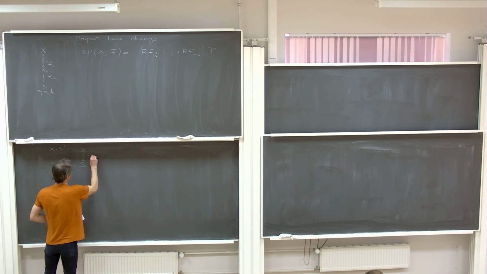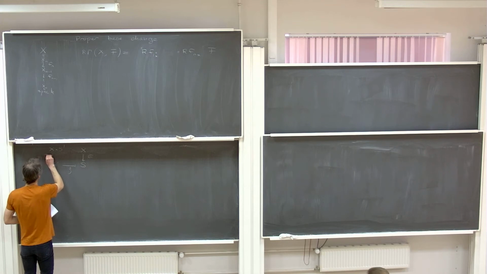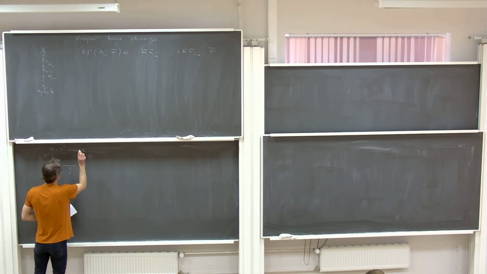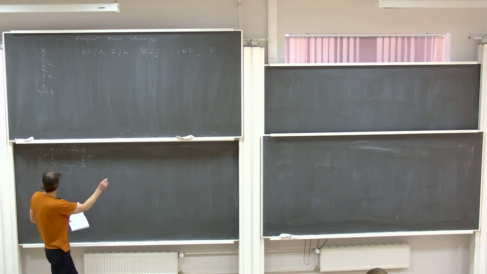So let's say this is f, this is g, and this will be f prime, and this will be g prime.